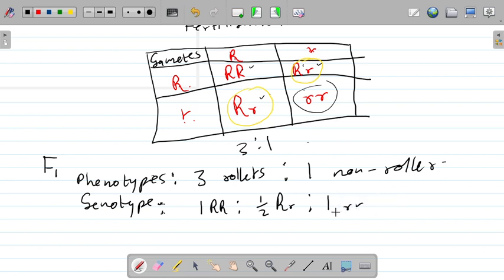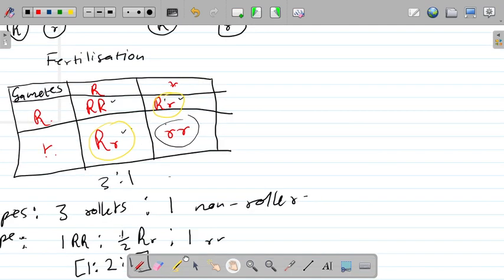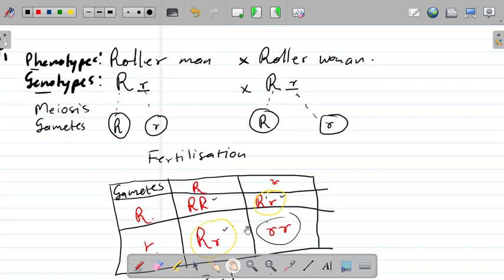So your genotypic ratio is 1 is to 2 is to 1. So that is how you solve it using different methods.